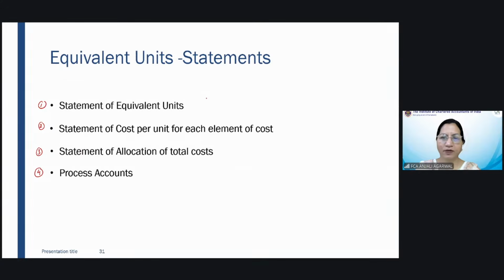What is statement of equivalent units? Just imagine so far in the process accounts, we have generally not dealt with stocks. Correct.